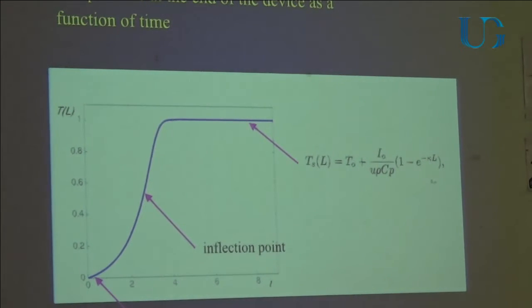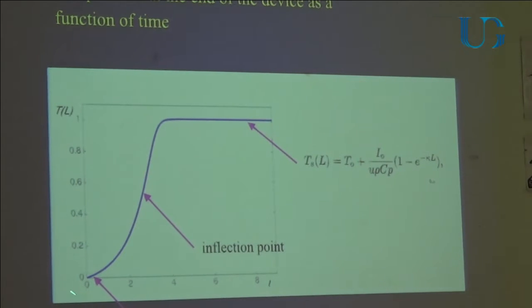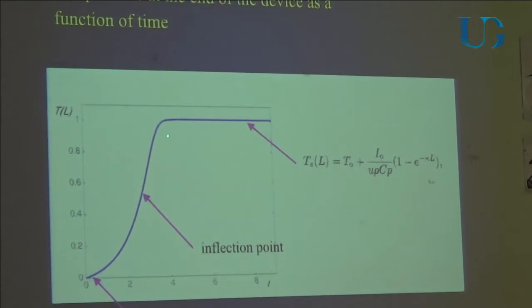That is, at the beginning, we don't have energy being extracted from the system because it hasn't had enough time to heat up, right? But then it goes up, and then it reaches a steady state. And we can actually calculate the value of the steady state, right?